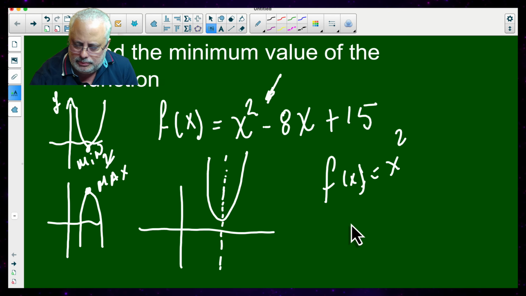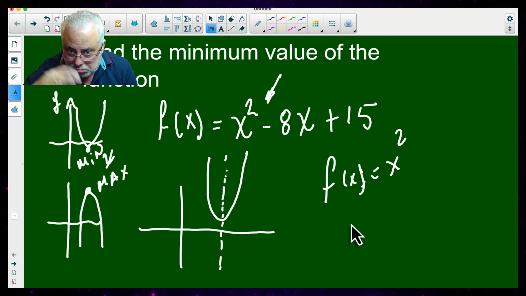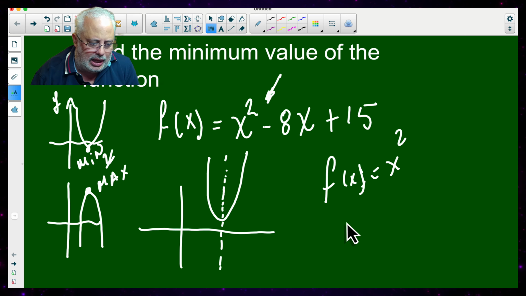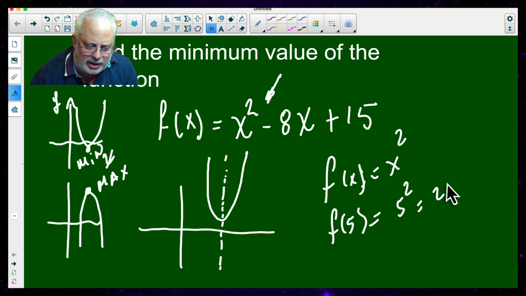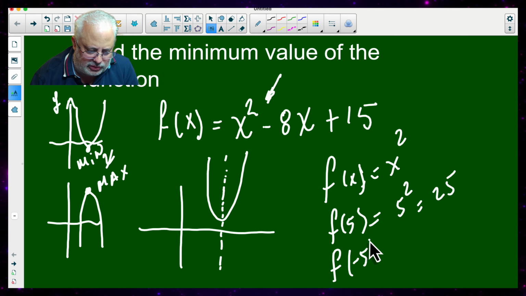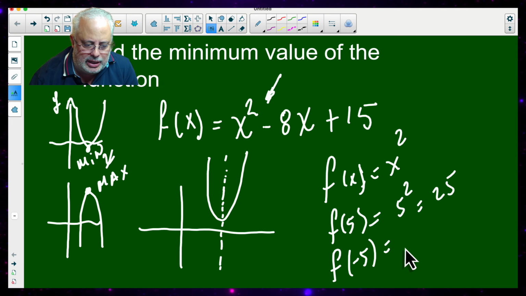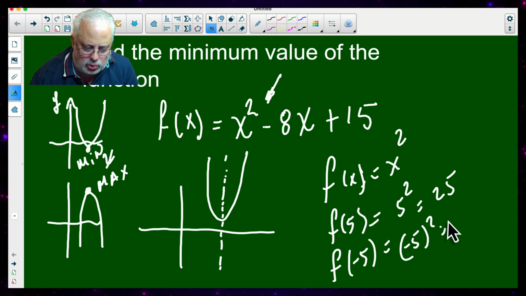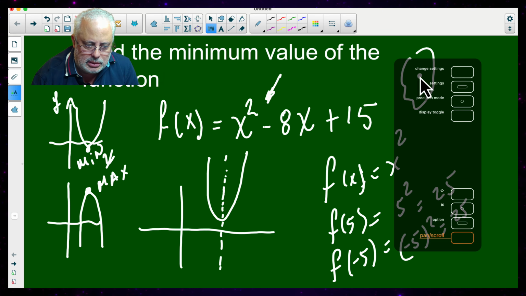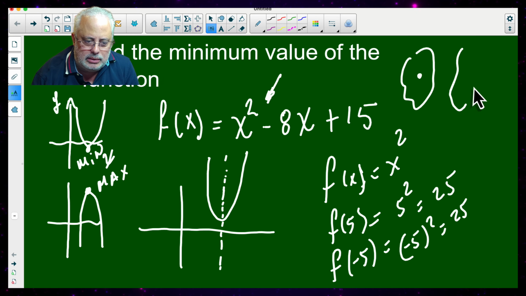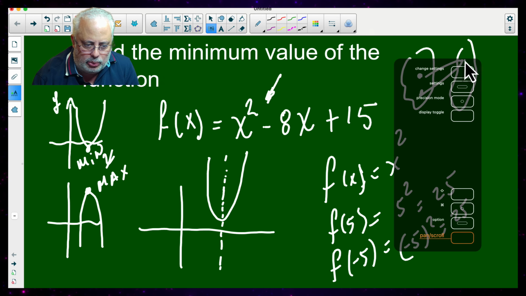If you pick a value x, let's say 5, and you evaluate the function for 5, you get 25, 5 squared. But if you evaluate the function for -5, you get (-5) to the power of 2, which is 25. So we have two different inputs connected with the same output.